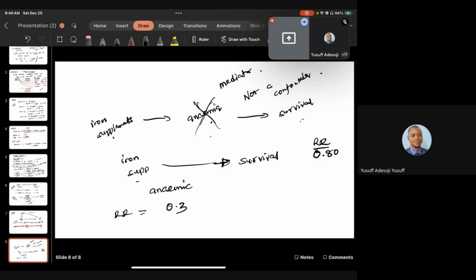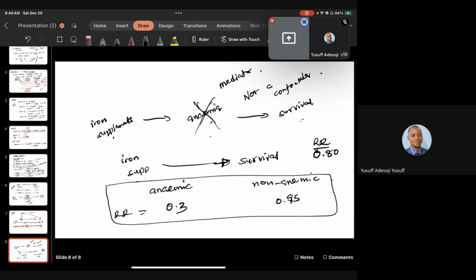But if they were not anemic, the relative risk might be 0.95. The fact that anemia affected the relative risks is not enough to make it a confounder. In fact, what we're looking at here is what we call effect modification.